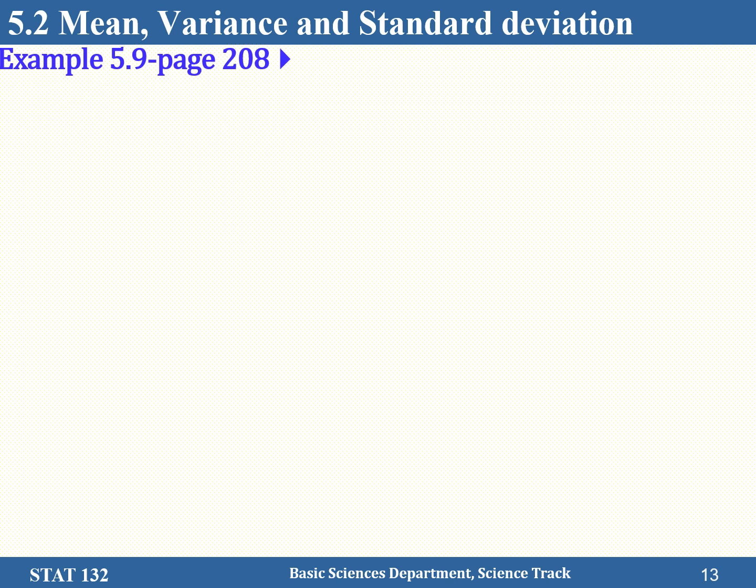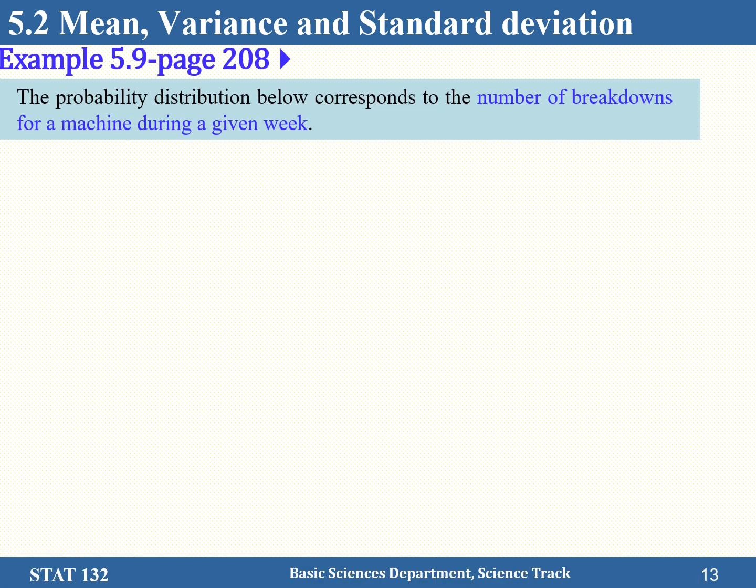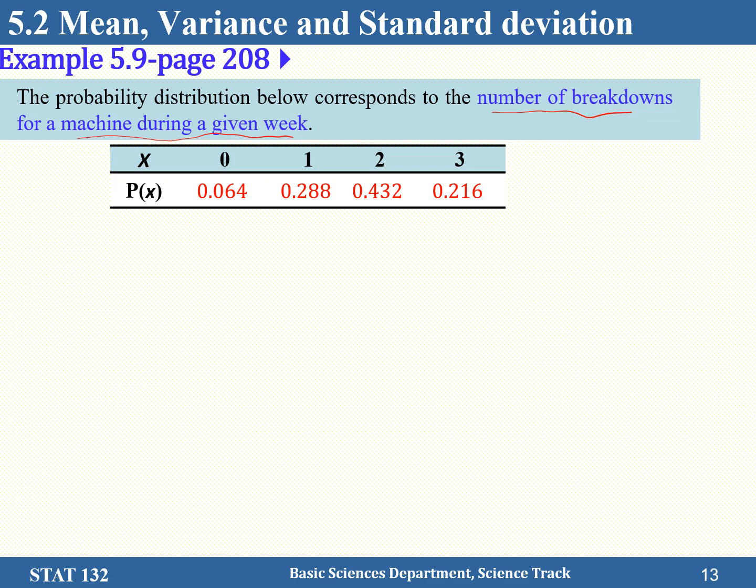Now let's look at this example. The probability distribution below corresponds to the number of breakdowns for a machine during a given week. Breakdown means the machine has problems, it stops working and shows the problem. We look at this distribution of X, where this big X here is the number of breakdowns.